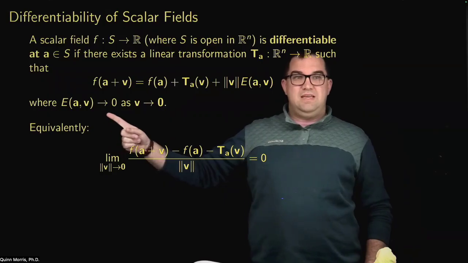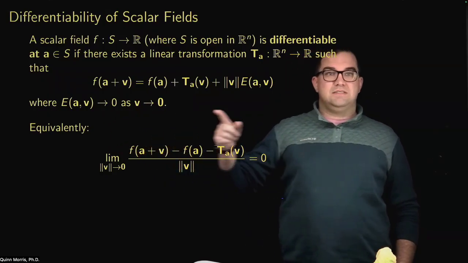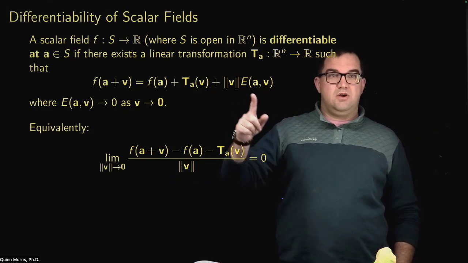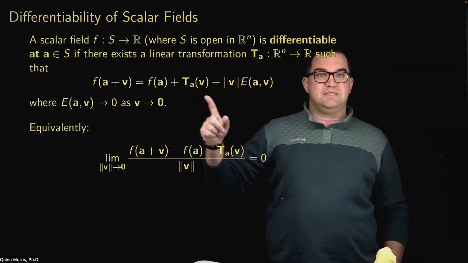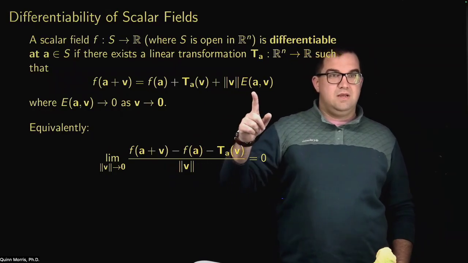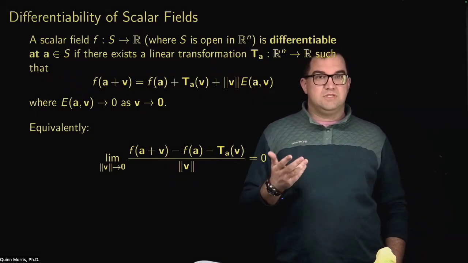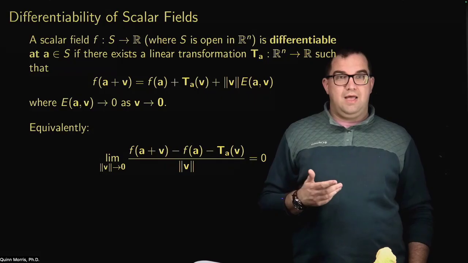E of A V needs to go to 0 as V goes to 0. And if that is the case, then we will say that our scalar field is differentiable at A.